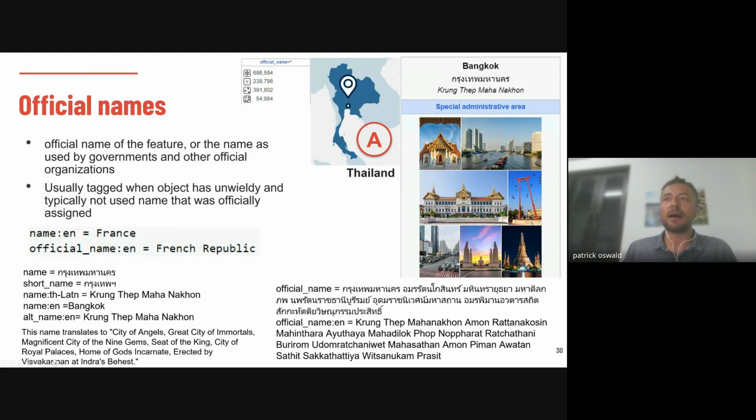The short name is just Krungthep. The Latin transliteration could be Krungthep Mahanakhon. The English name could be Bangkok. The alternative name could be Krungthep Mahanakhon. And then you could have official name, and you can put the whole lot in official name, put the rest in.